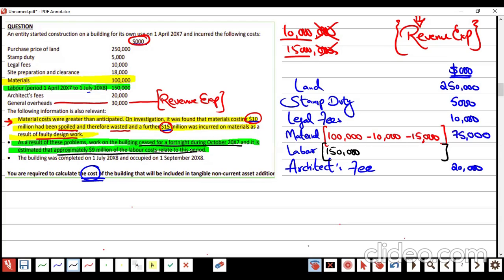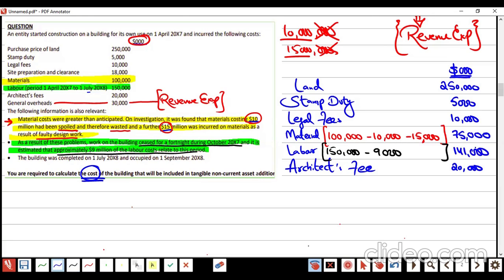Did labor work on the building or were they just sleeping? They couldn't work because of this faulty design. So this 9,000, should you keep it capitalized or remove it from the capitalized cost? Remove it. Khalas, finish.